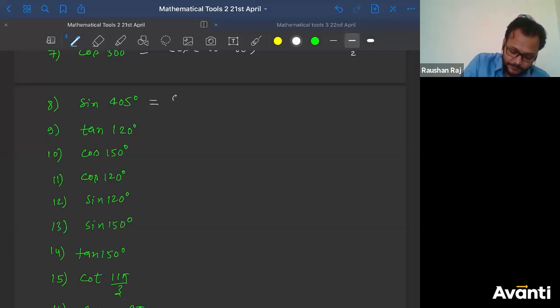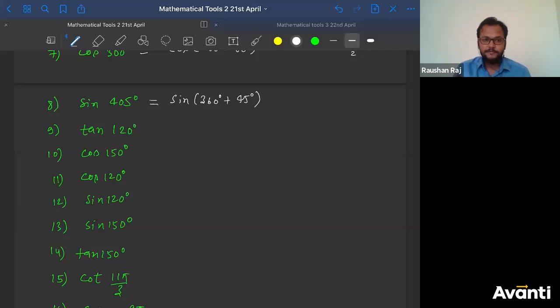So what will I write? Sine of 360 degrees plus 45 degrees. 405 degrees can be written as 360 degrees plus 45 degrees. 360 is 2 pi, and 45 is an acute angle. So it has come in the form n pi plus or minus theta. Copy the trigonometric function, that is sine, with acute angle 45, right?